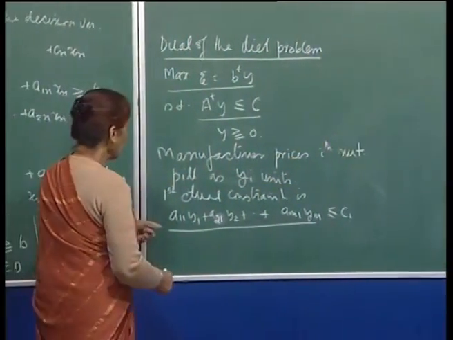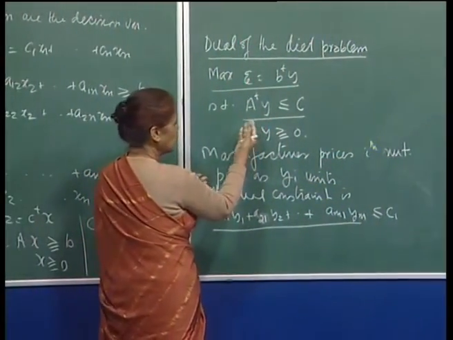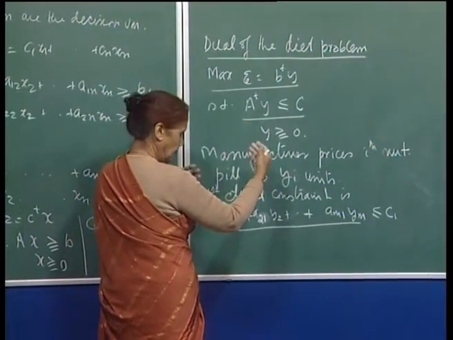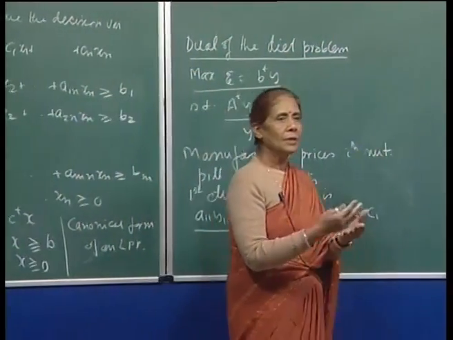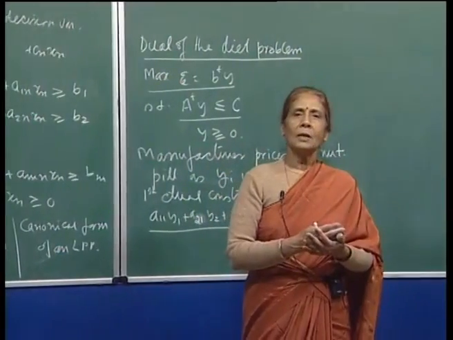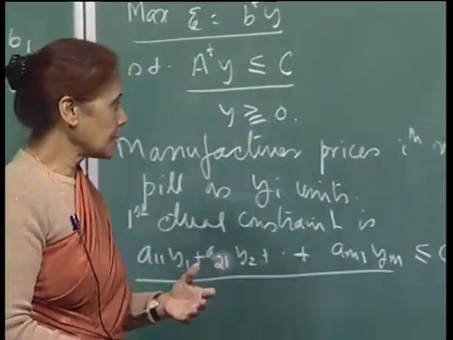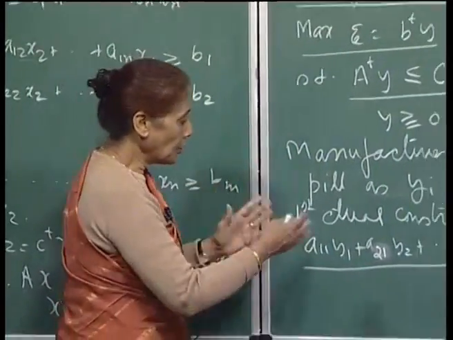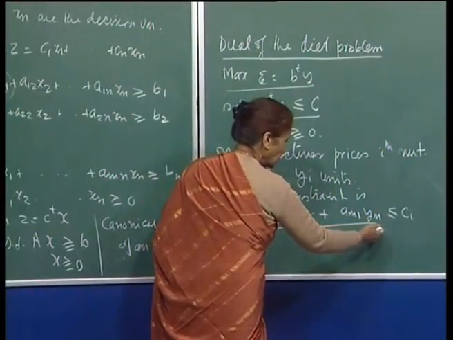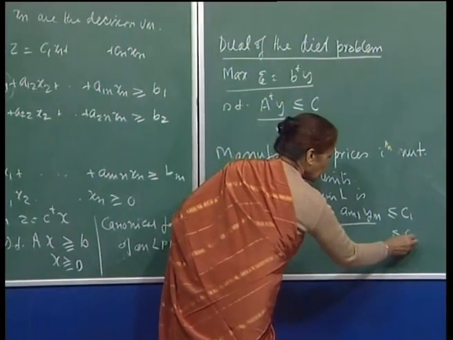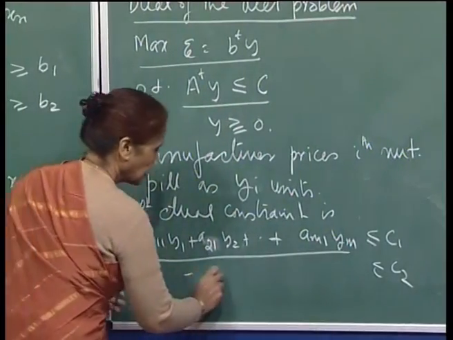So, the second constraint will tell you that the worth of the second food in terms of the nutrients it contains, and therefore the value being accorded to these different nutrients by somebody else, by the manufacturer, should be less than or equal to C2, and this will be your second constraint.